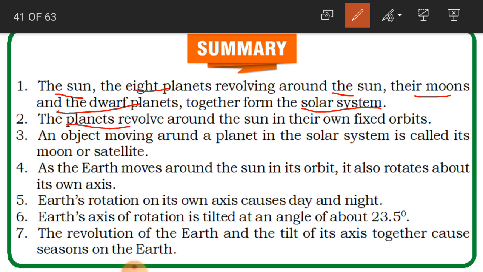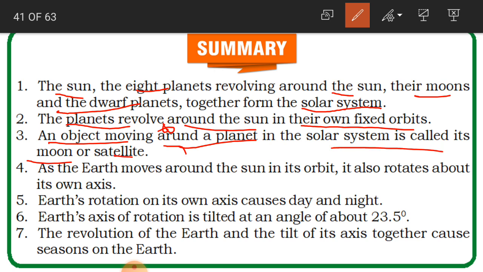And the planets revolve around the sun in their own fixed orbits, that is their fixed path. They travel around the sun in their own ways. And an object moving around, this is 'around', spelling AROUND, children. An object moving around a planet in the solar system is called its moon or satellite.